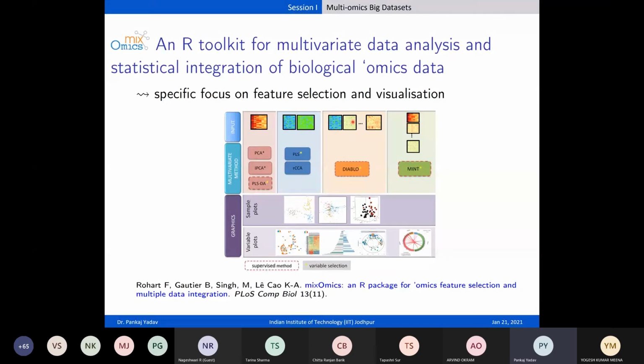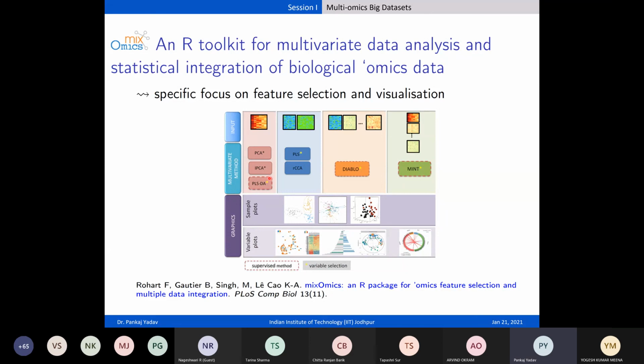If you have multiple layers of data, such as transcriptomics and proteomics, or you want to perform the analysis in a horizontal fashion, you can use the DIABLO method provided in this toolkit. Or if you are interested in vertical integration, that is another approach, which you can perform with the MINT tool that is available, right? So these are all multivariate methods.